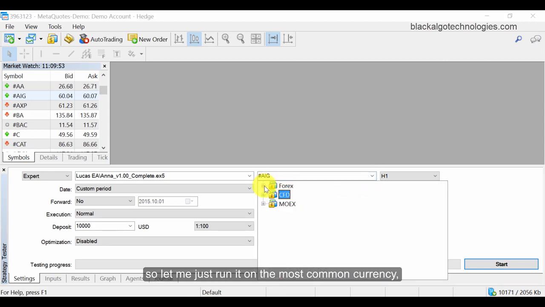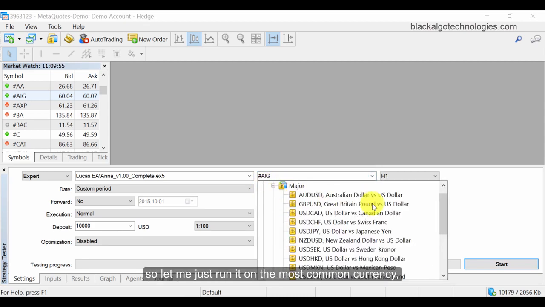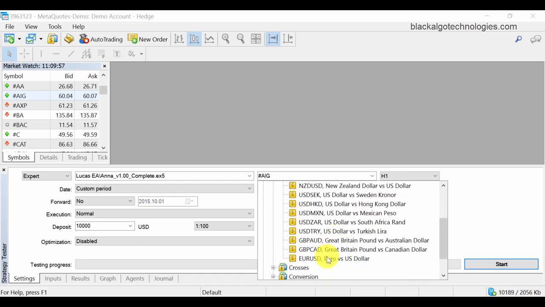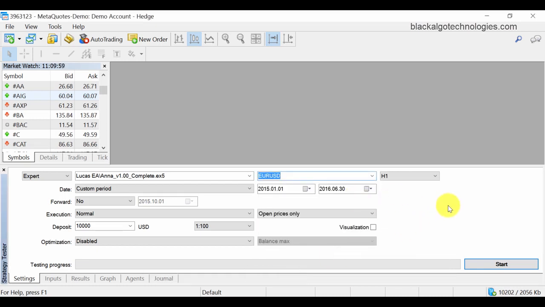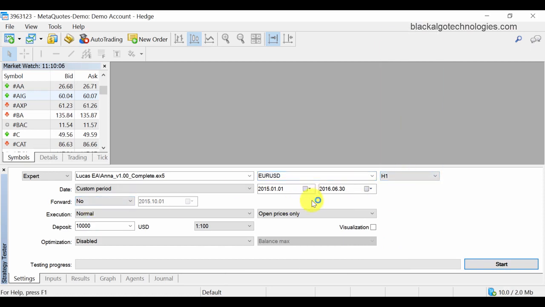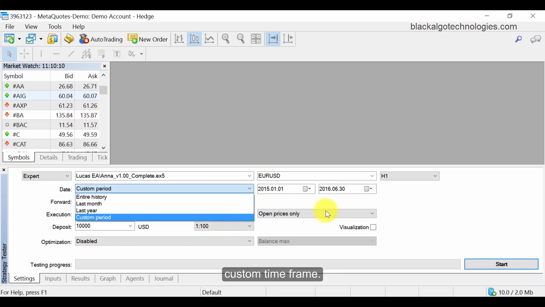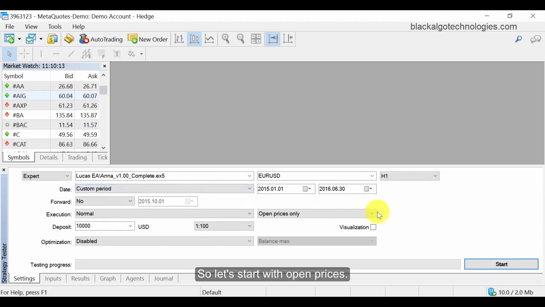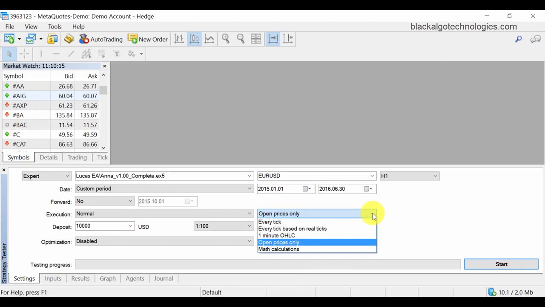So let me just run it on the most common currency, Euro USD. I'm going to choose 1 hour, this period, custom time frame. So let's start with open prices.